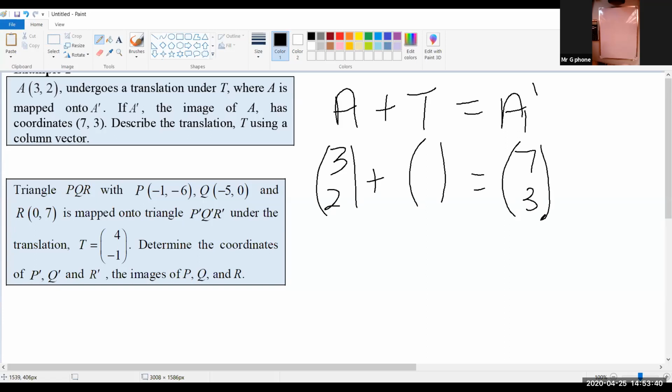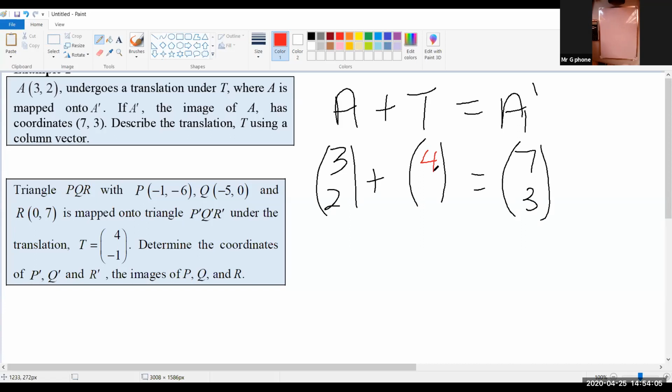Ooh, I wonder what those numbers could be. 3 plus what could give us 7? Anybody? 4. Yeah. Let's figure that out all on your own. My gosh, I don't need a teacher then. And 2 plus what will give us 3? Anybody get answer that? Give us $5 million.